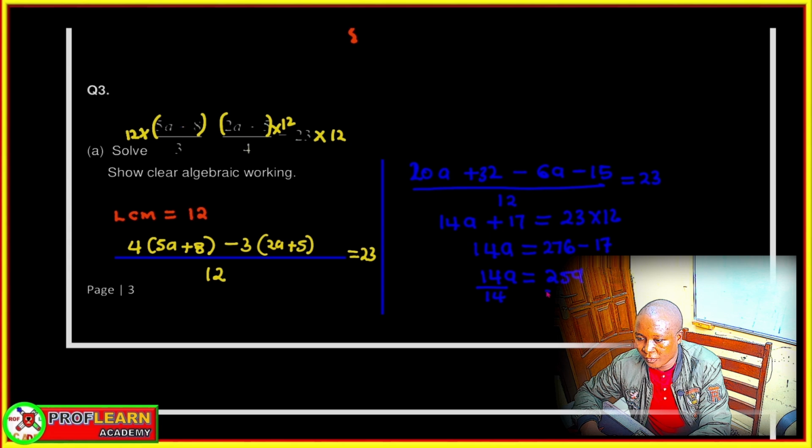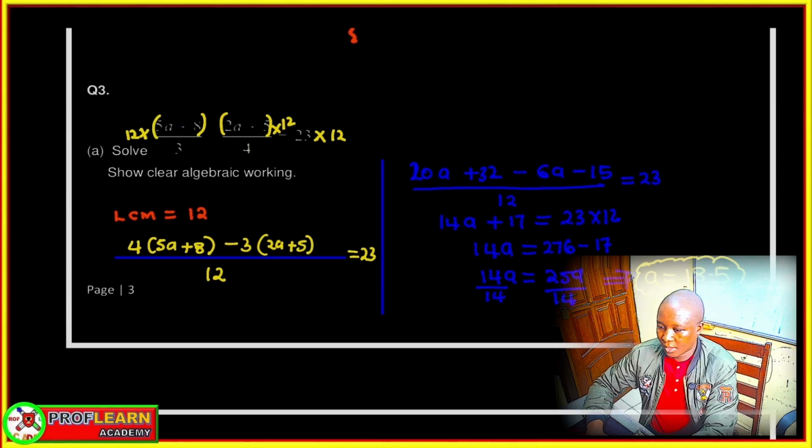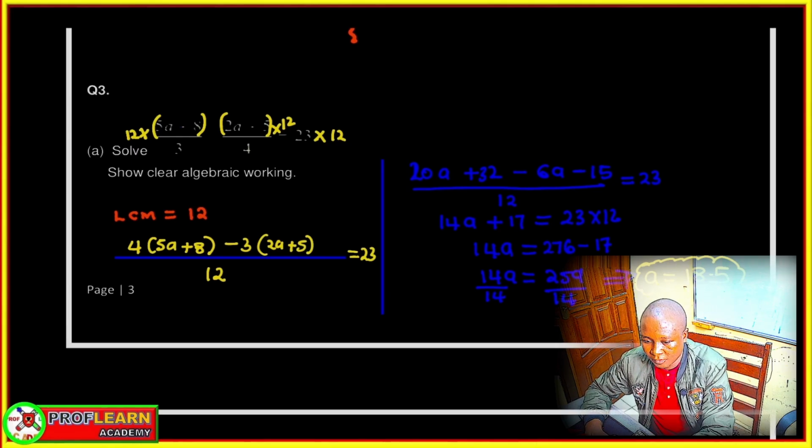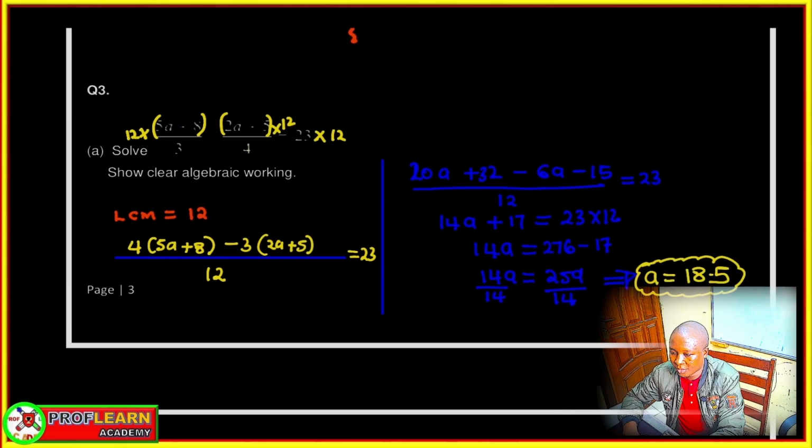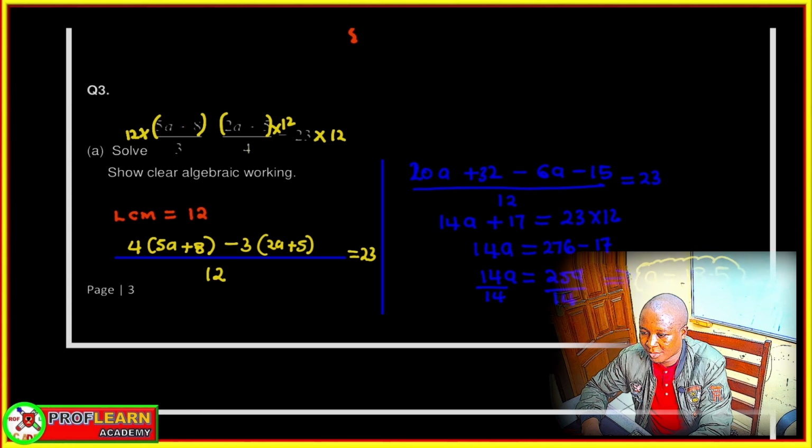So 259 divided by 14 is going to be 18.5. I believe it's a bit clear there. Can you see it? Yeah, so you can see that.